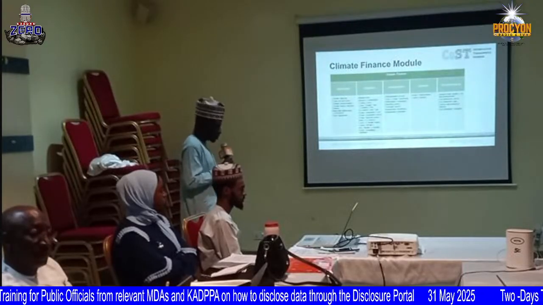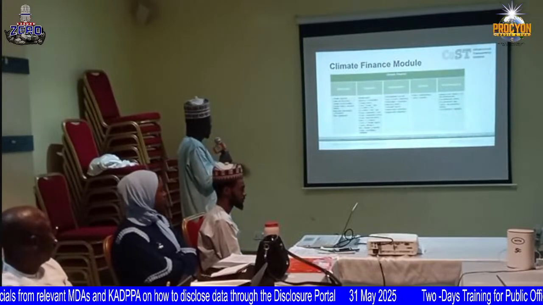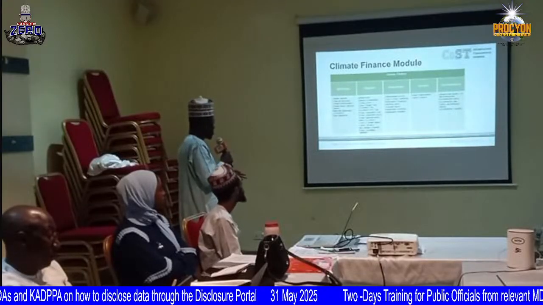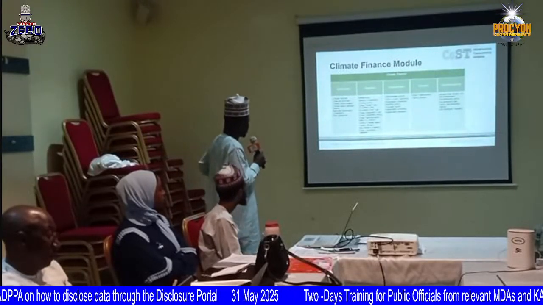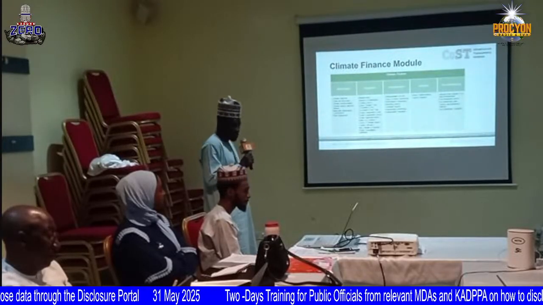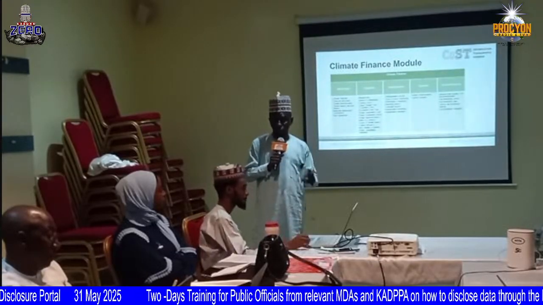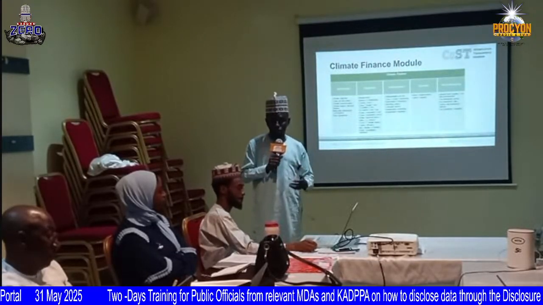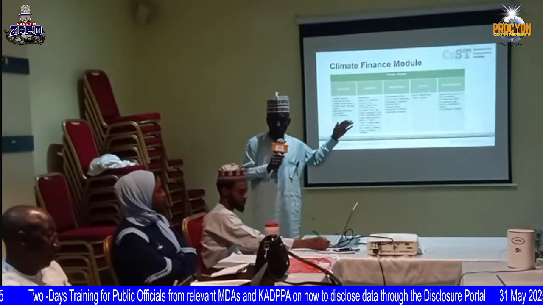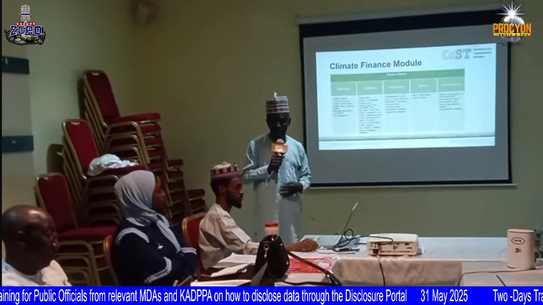Under preparation, we have the beneficiaries, the amount of investment, funding, and what have you. Under implementation, we have the disbursement record, project monitoring, performance, and others. We have the operation, the impact measurement, carbon footprint, and the commissioning aspect of the projects. All these form part of the climate finance. In some projects, the state wants to leverage and get funding that has to do with climate finance, so we have to publish this data point to meet that target.